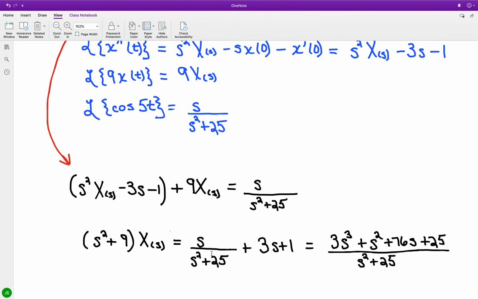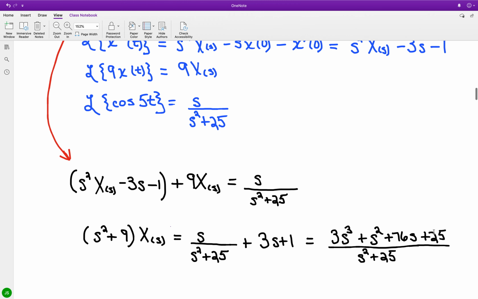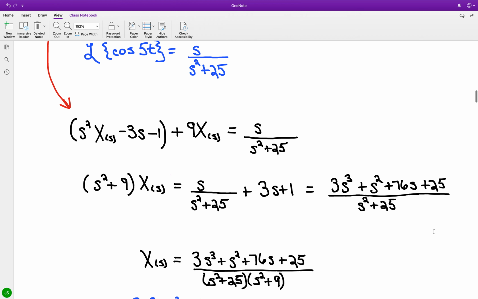Combining the right side as one expression, the polynomial turns out to be cubic all over s squared plus 25. Isolating the Laplace transform x of s, we have 3s cubed plus s squared plus 76s plus 25 all over the product of the quadratic factors s squared plus 25 and s squared plus 9.